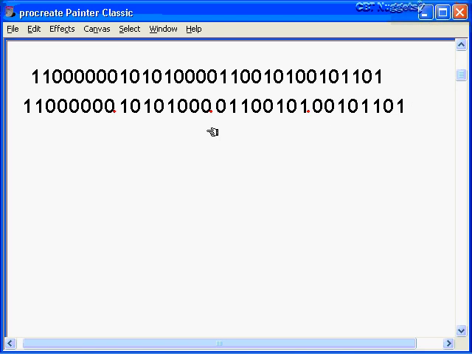Think of Earth, Wind, and Fire from the 70s, or some rapper with his posse, 8 people up on stage on Saturday Night Live. So we've got a group of 8 here. Now, to understand how we get this IP address in these 4 octets to a readable decimal format, it really helps to understand the values of the placement of these bits in an octet. So let's talk about that next.